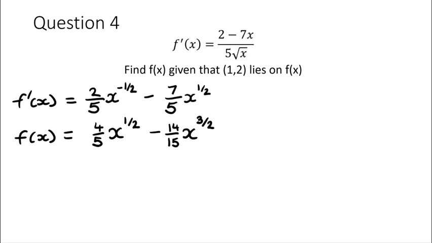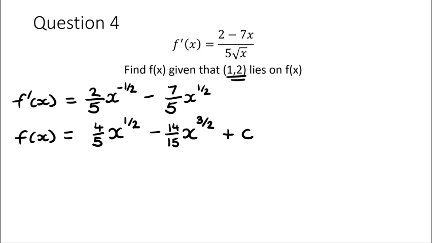And if we stop there, we'd be doing a very bad thing. This is an indefinite integral, so we need to put our plus c. But we can actually find what the c is here because we're told that (1, 2) lies on f of x. There's a reason why they've given us that piece of information.